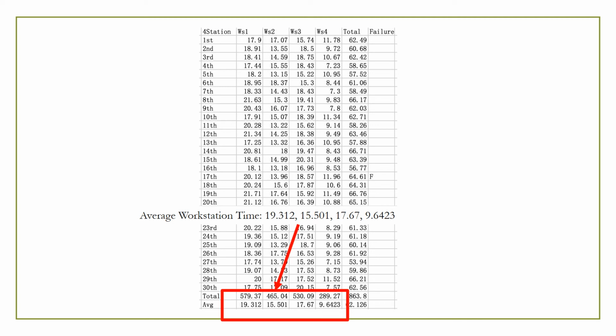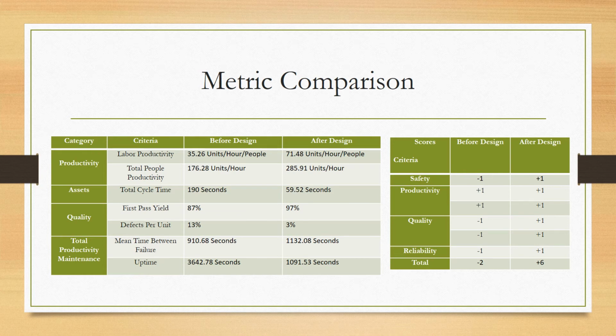Also, we ran through the new design assembly line 30 times, and we came out with the average workstation time for each workstation. The number reduced a lot compared with the old workstation design. So now let's look at metric comparisons. We look at the table on the left.